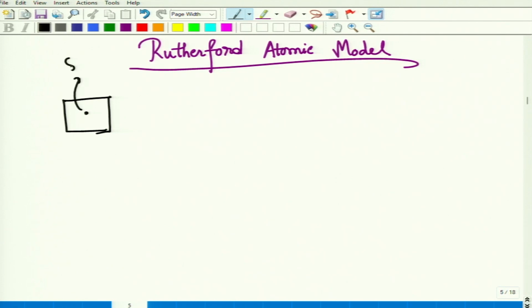So this is a source of alpha particles. Let me draw it very clearly.